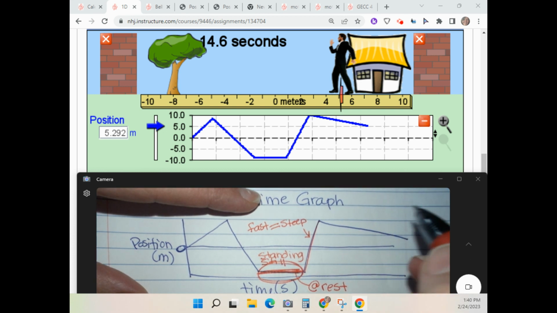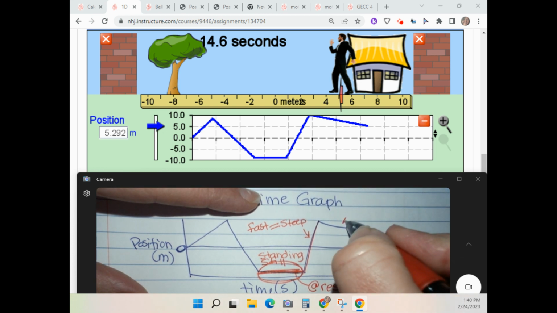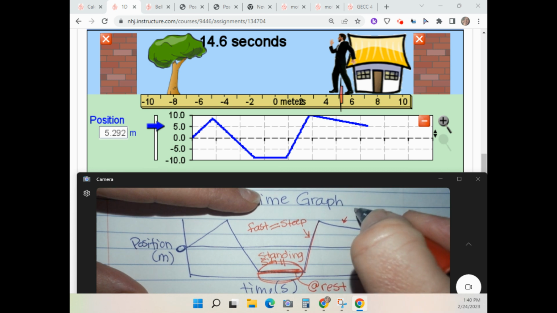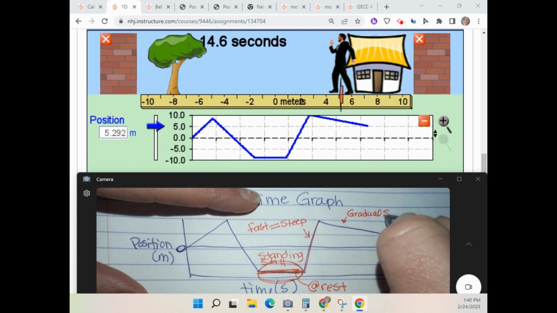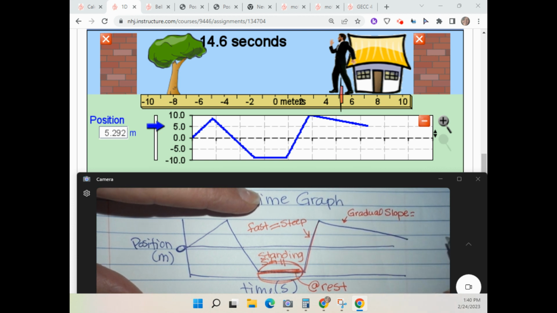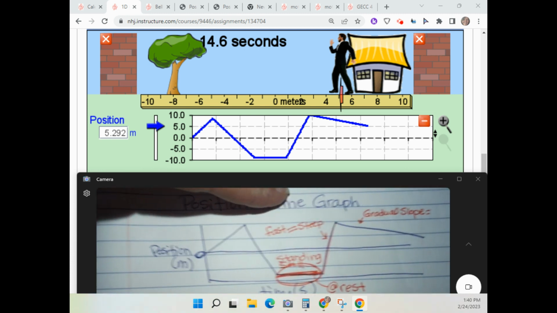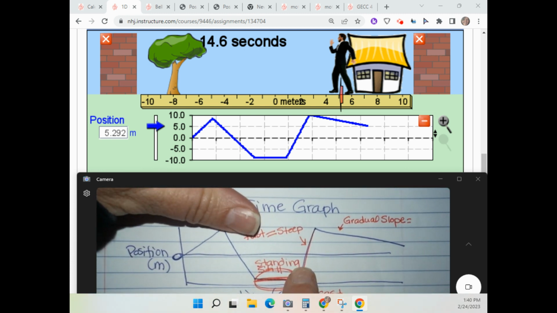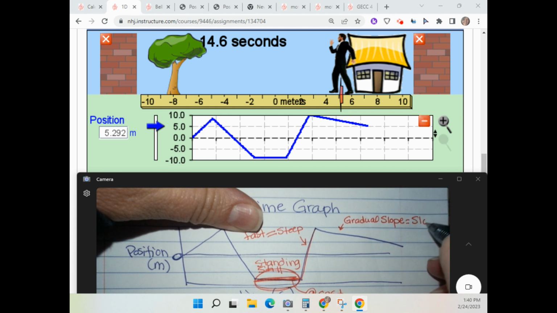We're going to add something to that here in a second. But this line here had kind of a gradual slope. Uh-oh, I said the word. I said slope. And so that is going to equal what? If steep is fast, gradual is slow.